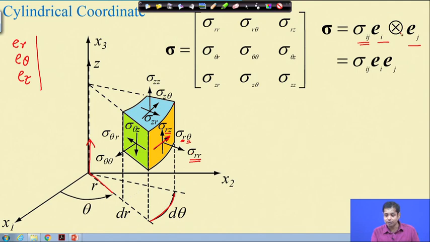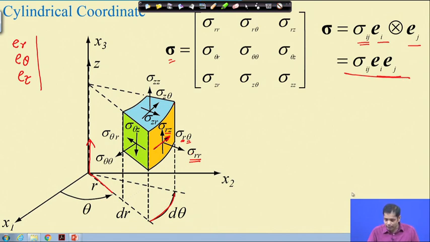This is a tensor product between 2 first order tensors, the basis vectors, which gives a second order tensor. Sometimes we do not write the tensor product explicitly: if you write E i E j, it automatically means tensor product. Essentially it is the same second order tensor written in indicial form.